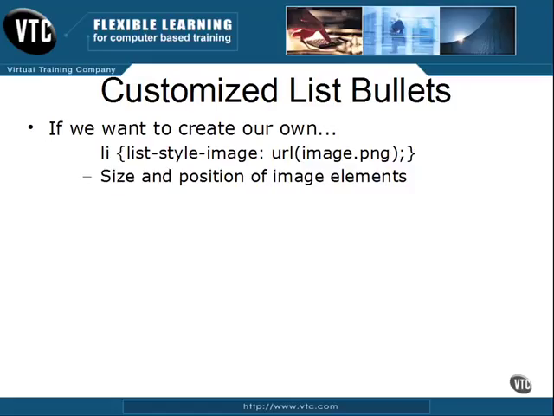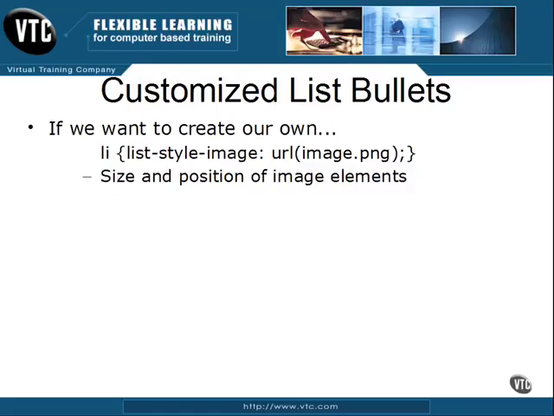So we don't have any control over the size that the image will be pulled in at, nor do we have any control over the position of where that image element will show up at. It will just be placed to the left of our list item. So whenever you are setting these up, make sure that you set up the size and position appropriate for your different list items.